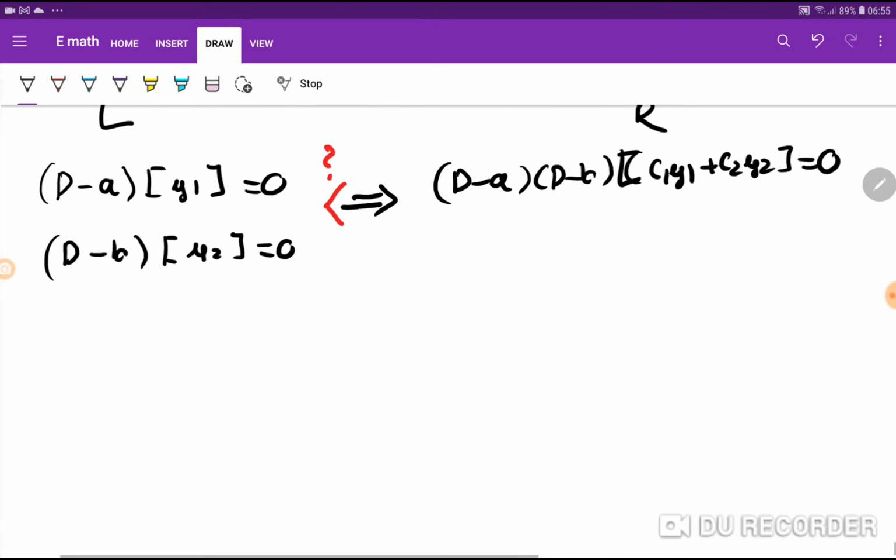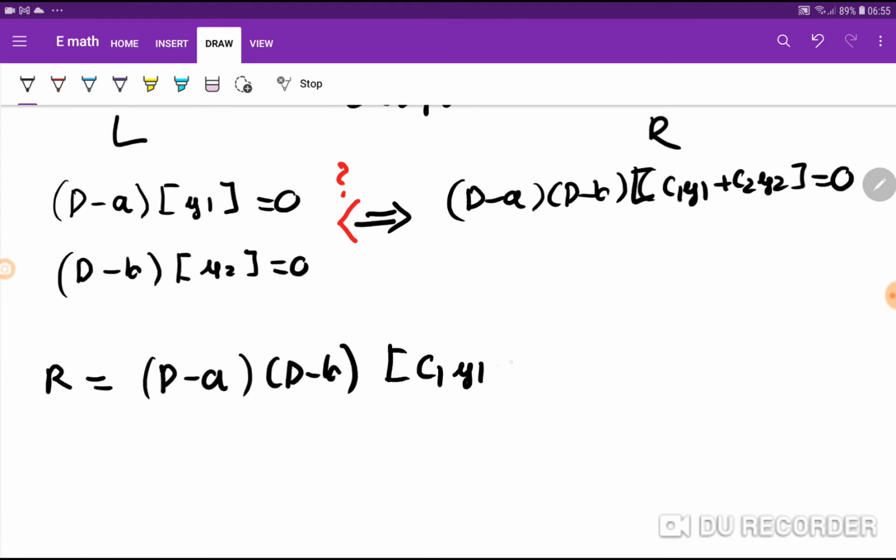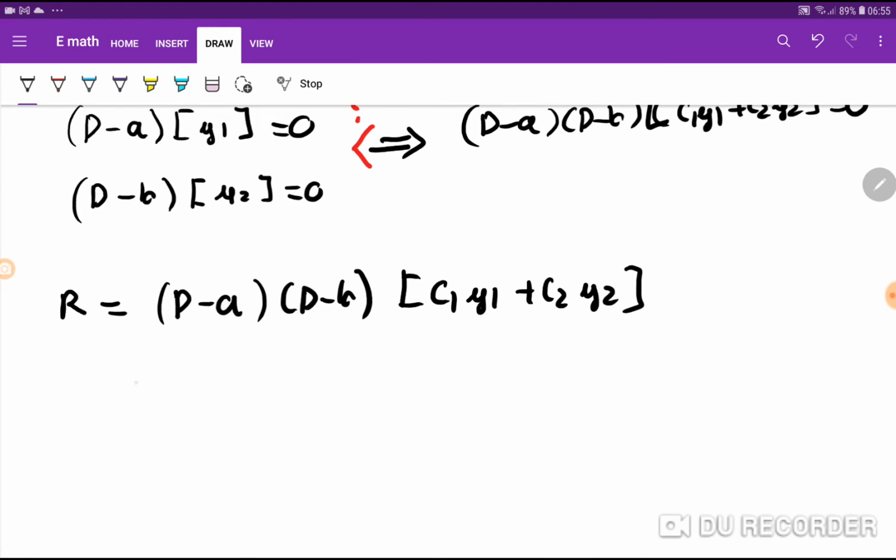I'm gonna rewrite right. What is right? Right is (d minus a)(d minus b) times (C1 y1 plus C2 y2), right? The goal is to show that r equals 0 given L. Okay, so now I want to expand it because it's linear.